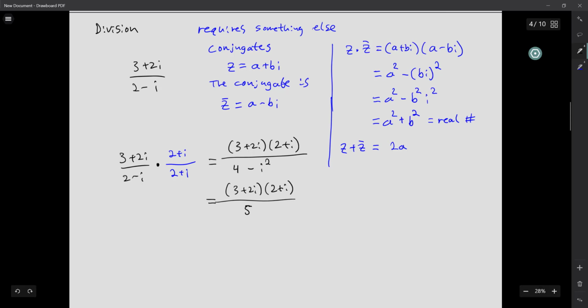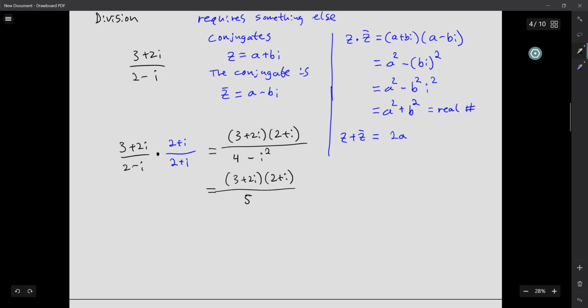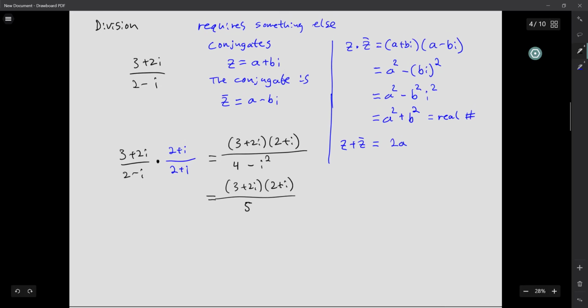And sure enough, 2 squared is 4 plus a 1 times i, so 1 squared is 1, so 4 plus 1 is 5. So what we've essentially done is we've taken our division problem, we use the conjugate to turn it into a multiplication problem. So I'll just leave this 1/5 sitting out in front.